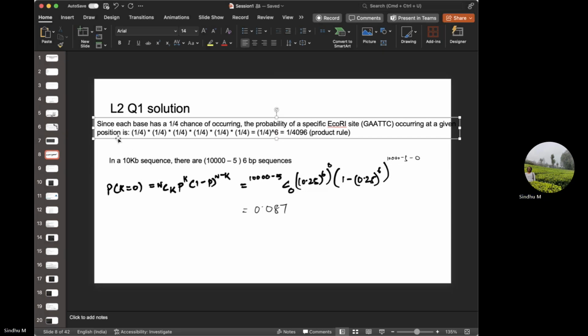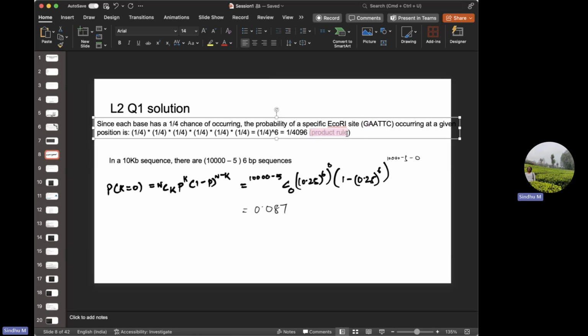So first we are calculating the probability of getting this specific sequence. To do that we can use the product rule, because the probability of the base here is independent of the probability of the base in the other position. These are independent events.